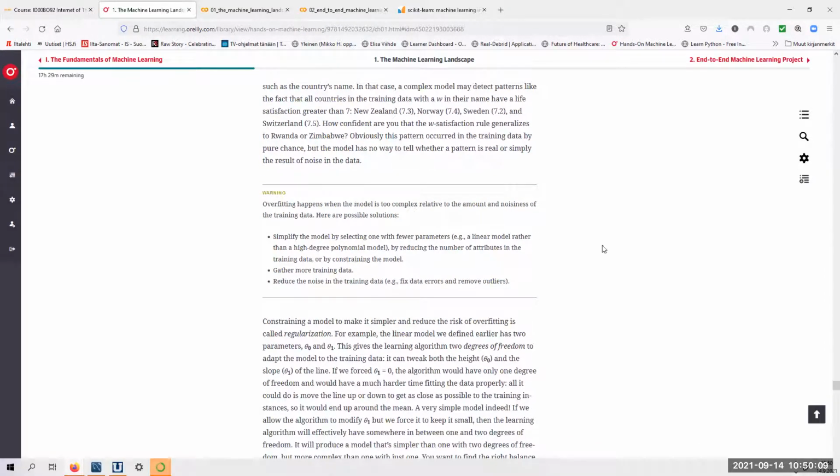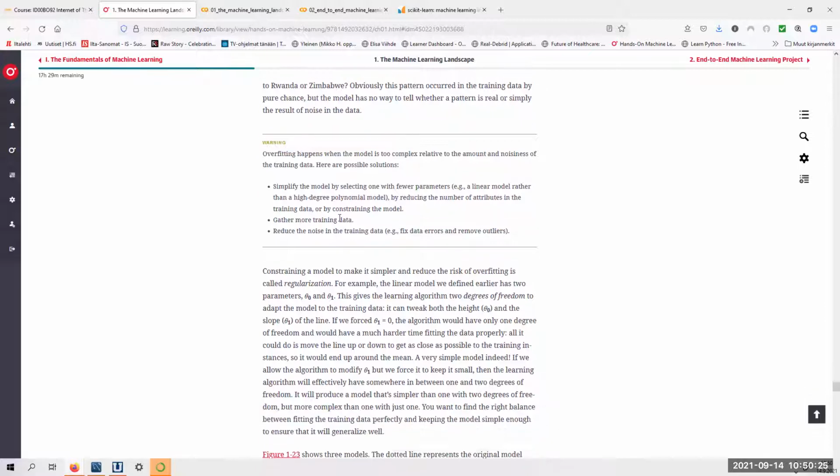Overfitting happens when the model is too complex relative to the amount and noisiness of the training data. Then you should, for example, in this case, lower the degree of the polynomial or increase the data, reduce the noise, meaning fixing data errors, not the numbers, and remove data points that are clearly wrong.